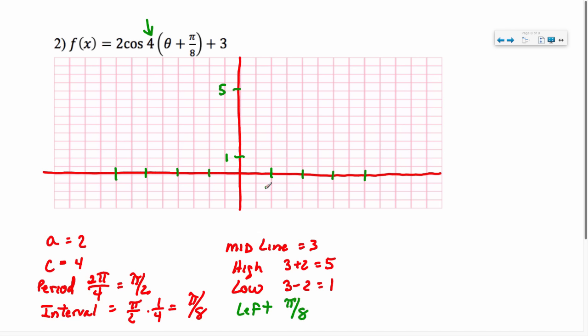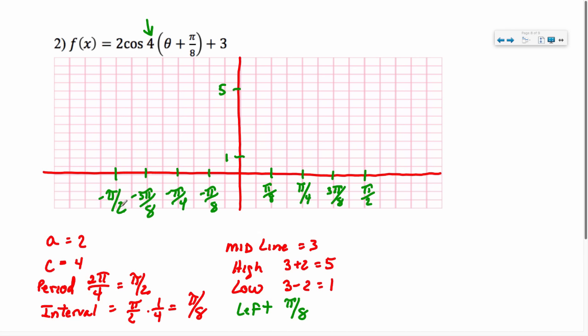As I map these out, this is pi over 8, 2 pi over 8, which would be pi over 4, 3 pi over 8, which you can't do anything with, and finally 4 pi over 8, which would be pi over 2. On the left, you just copycat: negative pi over 8, negative pi over 4, negative 3 pi over 8, and negative pi over 2.